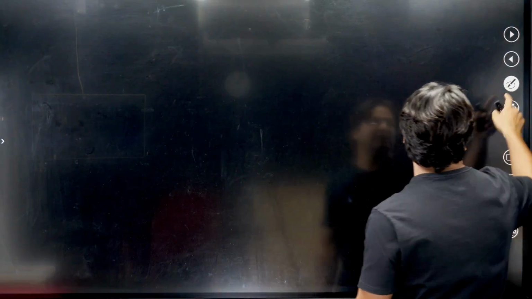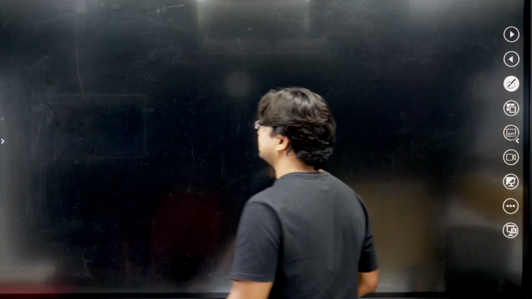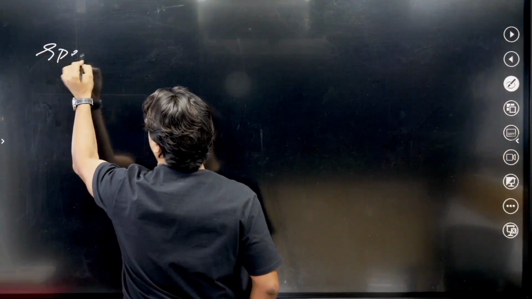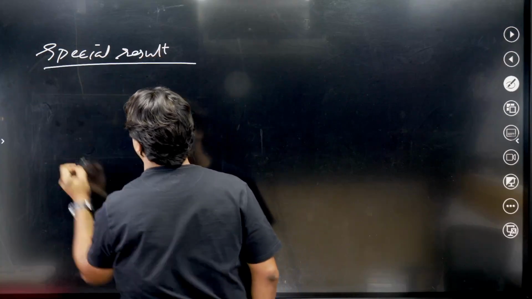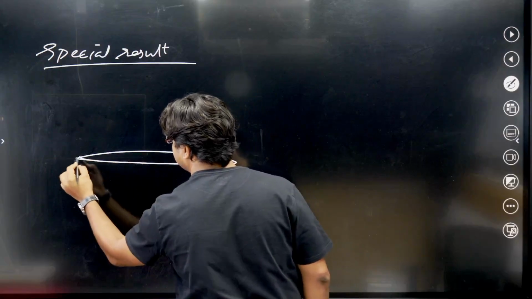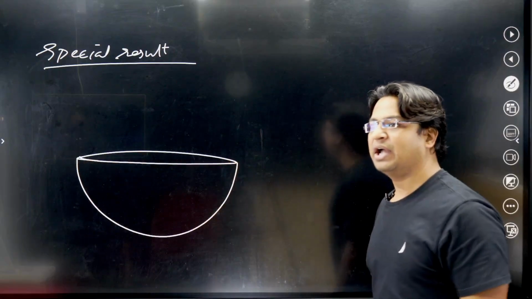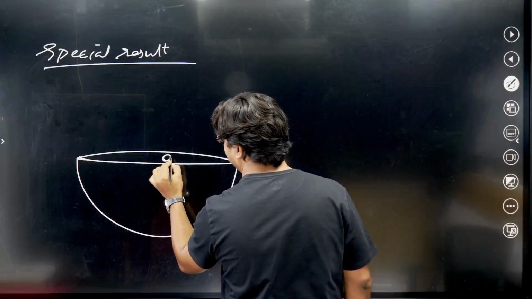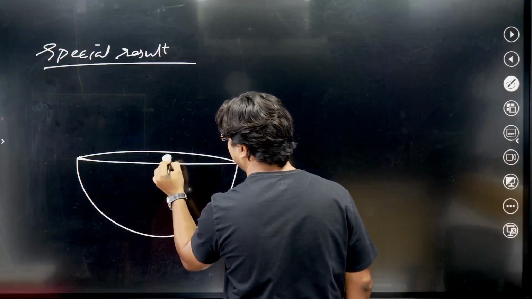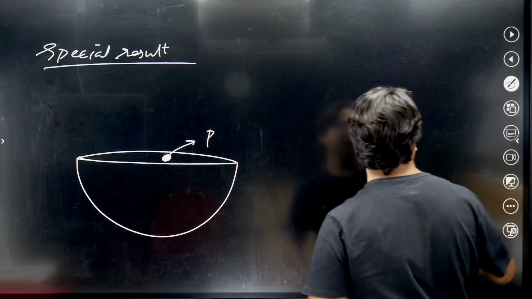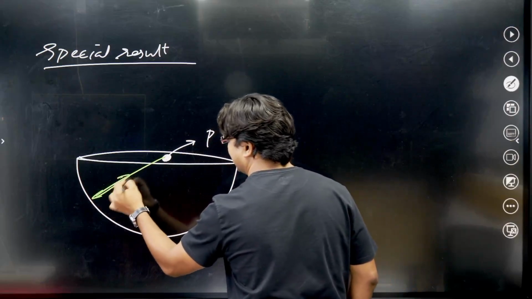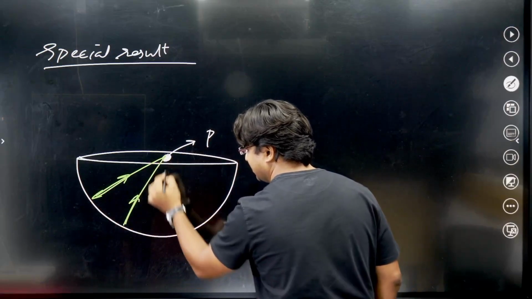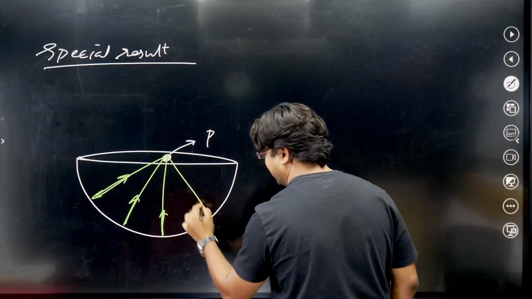Let me also give you a special result, without derivation. It may be useful in some situations. If we have a hemispherical bowl, and we keep a power source at the center of the bowl, you can expect that the radiations will go and get reflected like this, depending upon the value of the reflection coefficient.